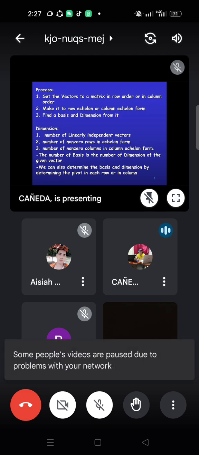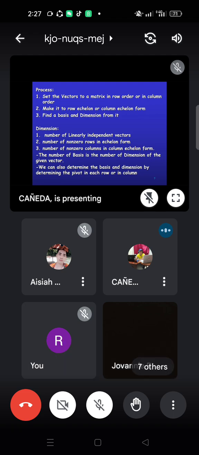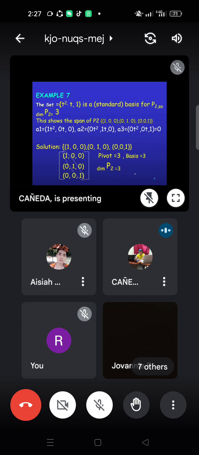In some other way, we can also get the dimension or the basis by determining the pivot in each row or column.